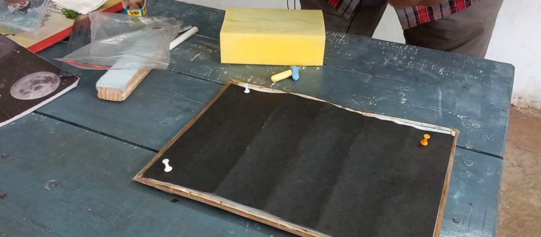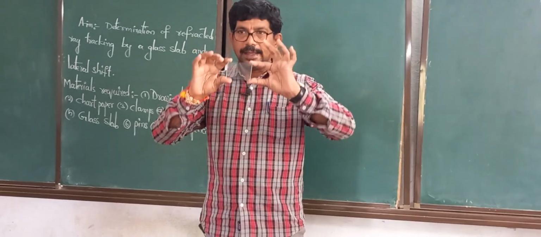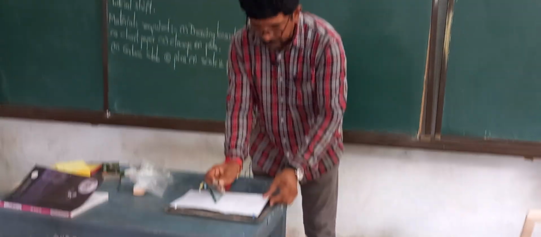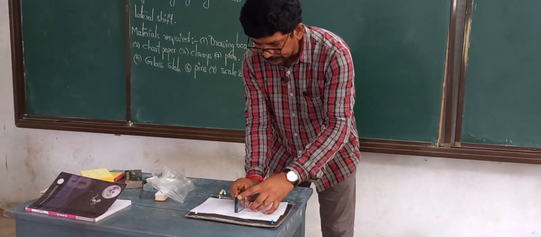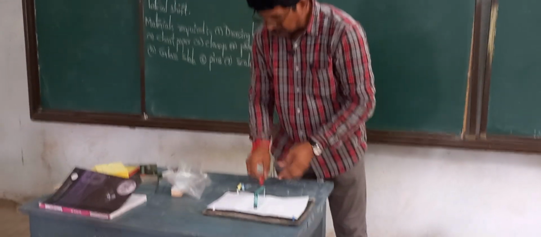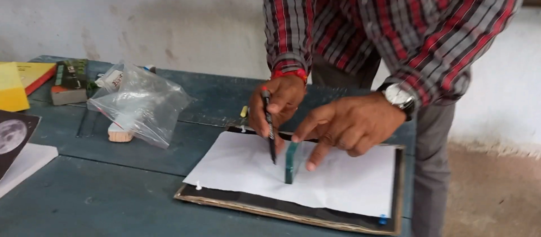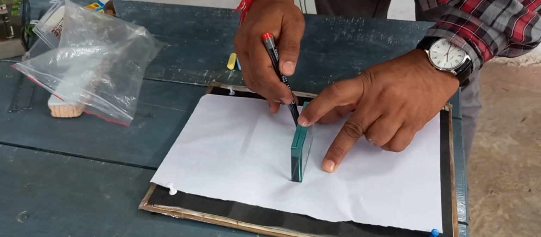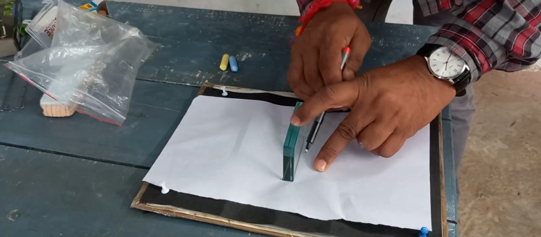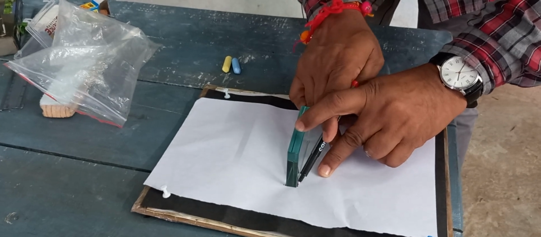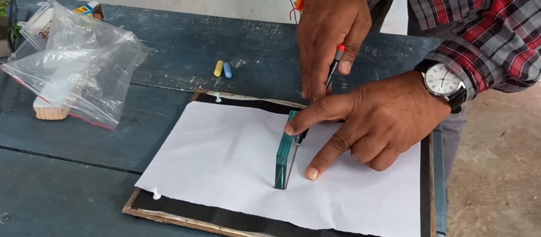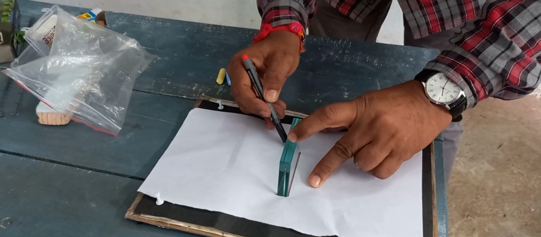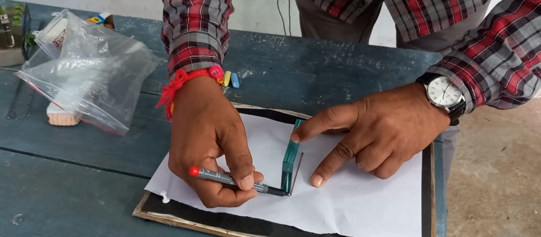Take the glass slab, keep it in the middle of the paper, and trace the boundary.